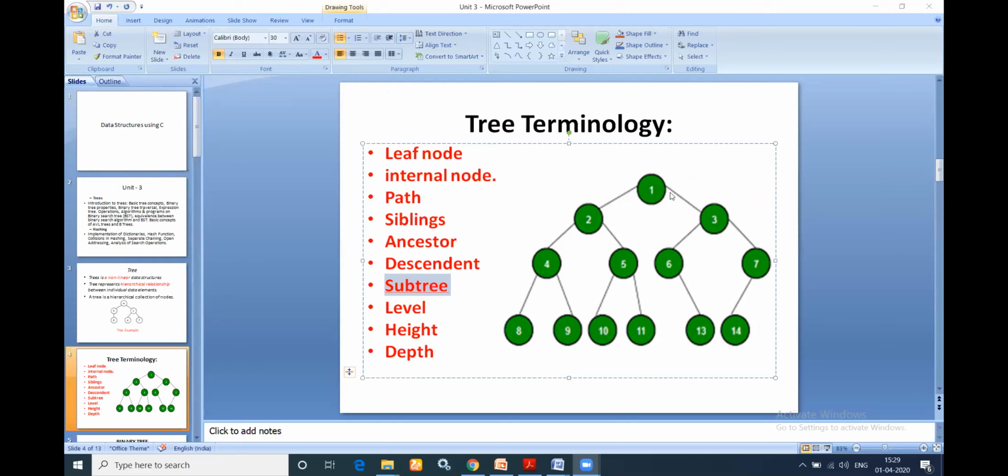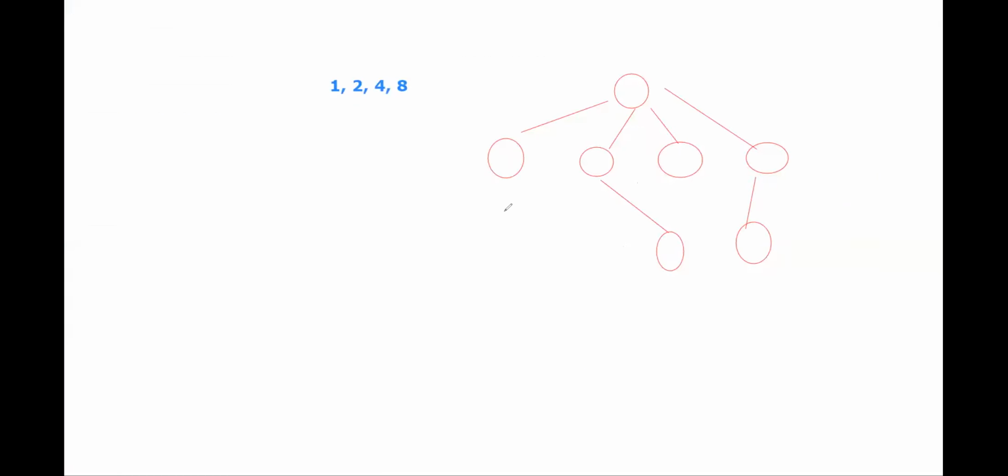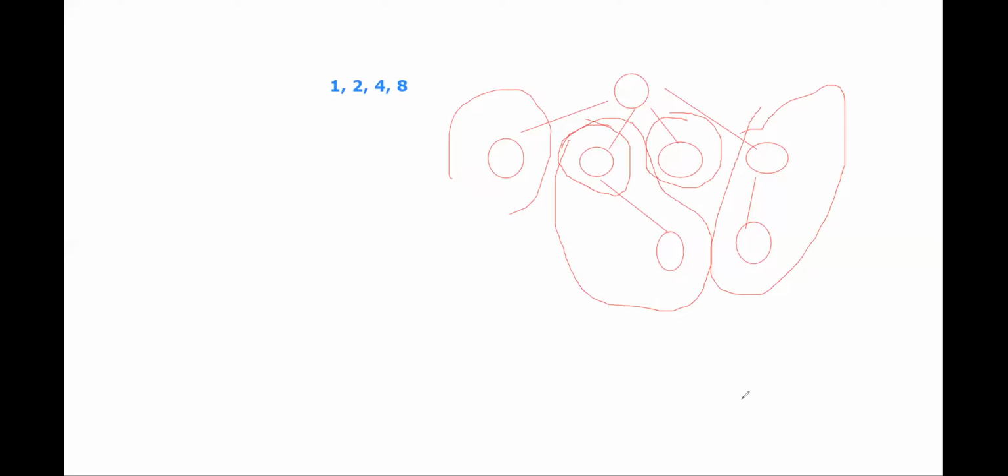When I say subtree, one is what? 2. This whole is a subtree, and this 3 is the subtree. For example, in this case, how many subtrees are there? 1, 2, 3 and 4. So this is called the subtree.